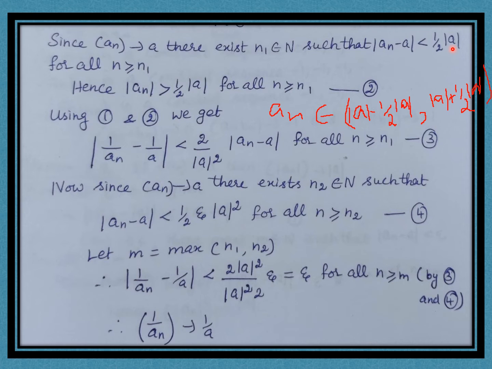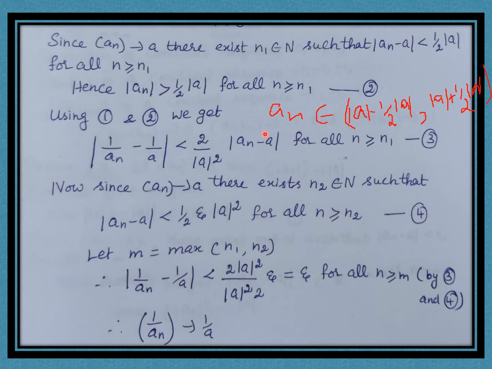Below the definition of convergence, we had a note. In that note, we have noted that the absolute value of an minus L less than epsilon implies an belongs to the open interval (L minus epsilon, L plus epsilon).